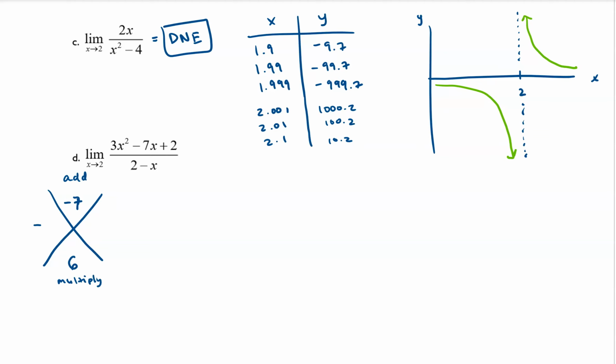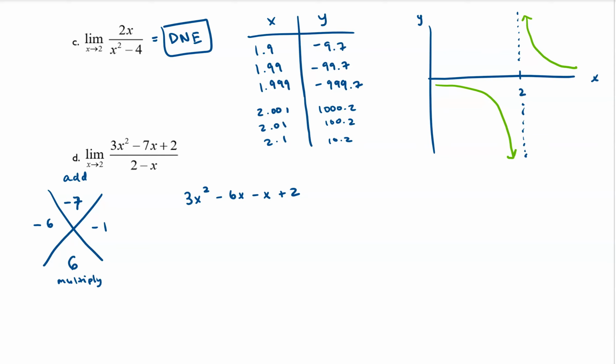And the two numbers that do this for us are -6 and -1. So what we want to do is we want to rewrite 3x squared, and we want to break the middle term into -6x and -x plus 2. Now notice that if we combine like terms, it would give us the original numerator.